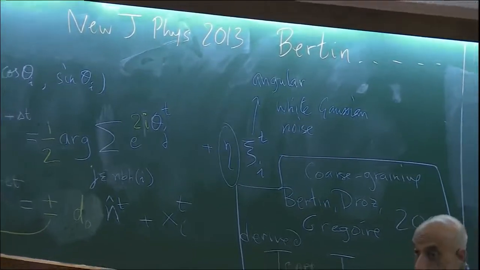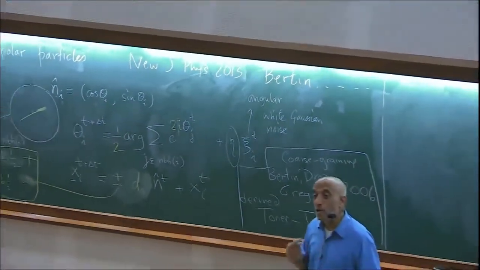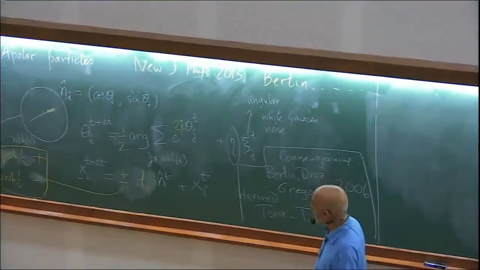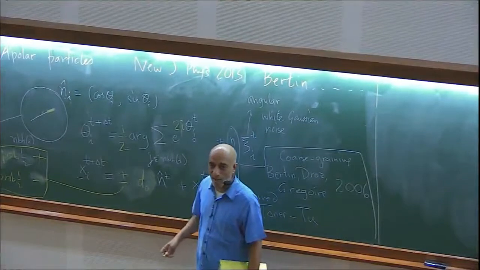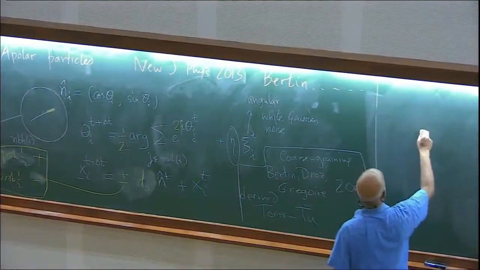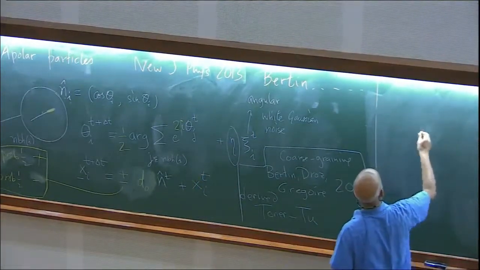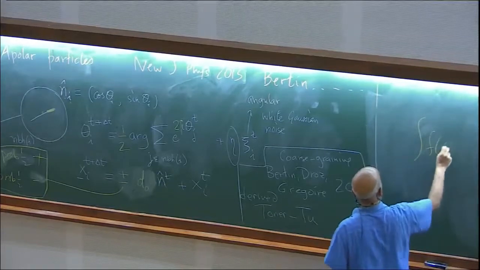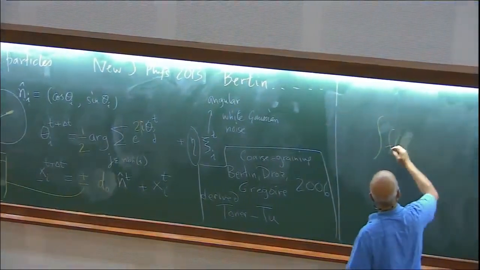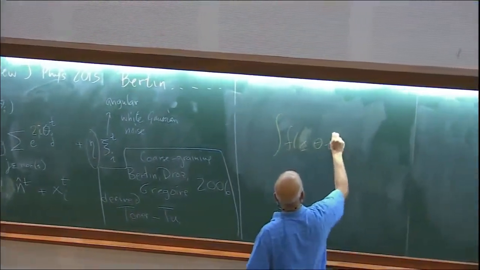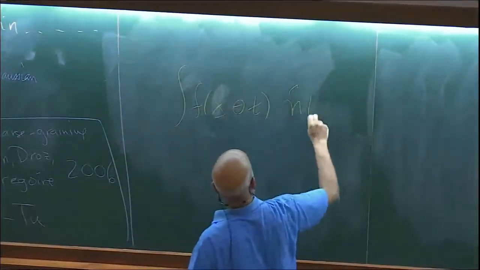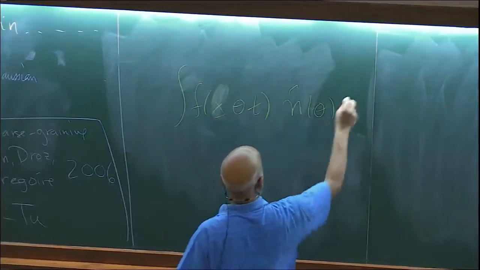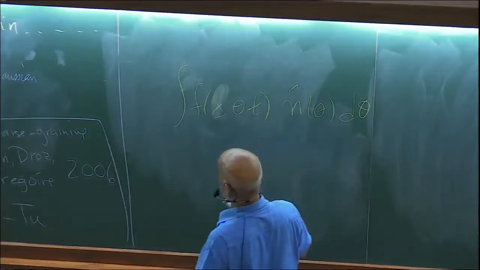In particular, it's actually no use even asking what the velocity field is, because n and minus n are the same thing. If I take the distribution function of x, theta, and t, multiply it by n of theta, and integrate over theta, can I get something?